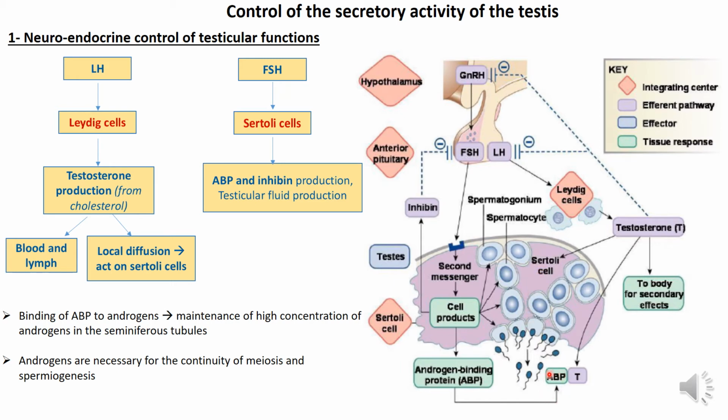In this way the androgens can be released and concentrated in the lumen of the seminiferous tubule and later transported with the testicular fluid to the epididymis, where they have important actions.